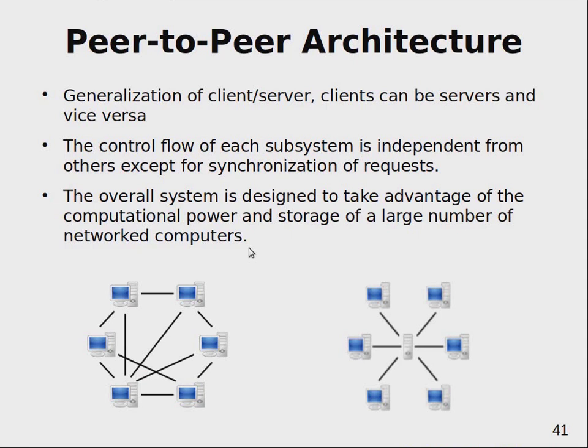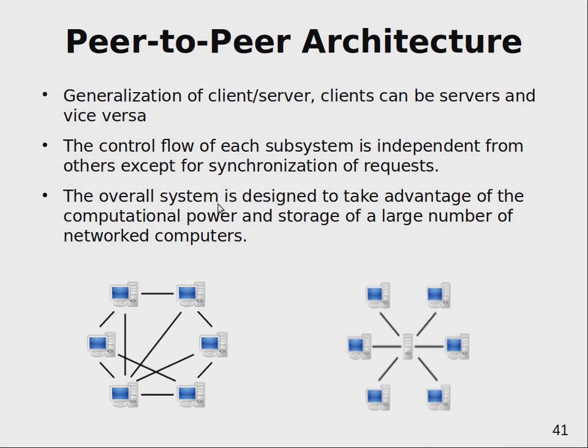And then another architecture, which is very important, is the peer-to-peer architecture of distributed systems. So there is no tree-like structure, with a server somewhere in the middle and many clients around, but every client may be a server, every server may be a client. In general, it is just a generalization of client-server architecture.